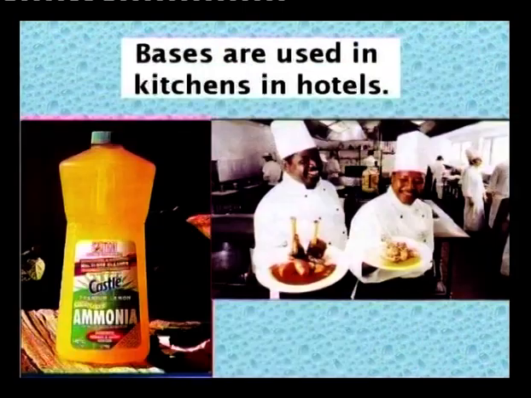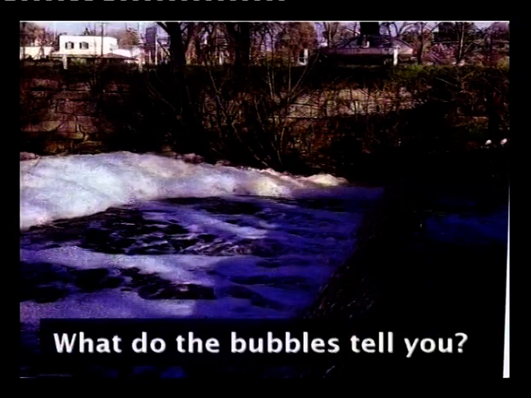Bases are used in homes. Bases are used in kitchens, in hotels, and elsewhere that you can think of. And don't you think that bases have a negative impact on the environment? Right? You can see that too much soapy water can also destroy the plants that are growing near the water or simply the ecosystem.